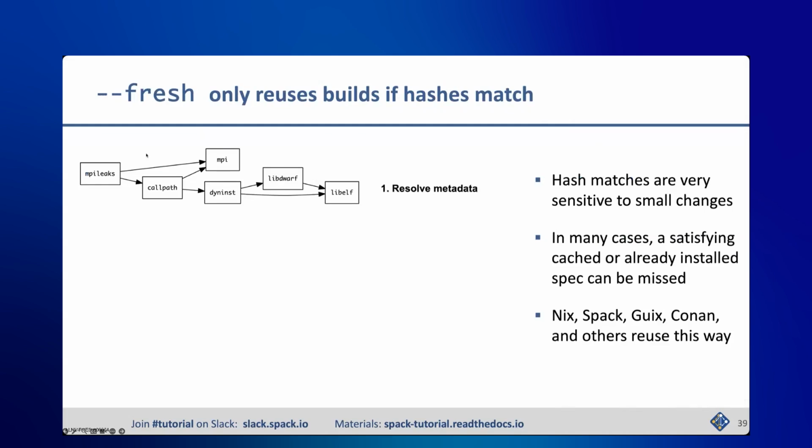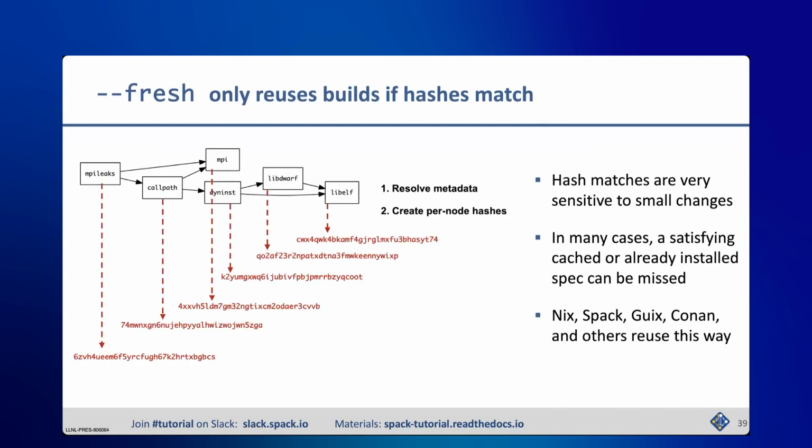It would take the concrete spec for the thing, and it would generate hashes for every node. And the way that we would do reuse before was we would say, okay, well, are any of these hashes installed? So for each one of them, we'd say, hey, is this there? And if the exact hash was not in the database, then we would say, oh, well, we have to rebuild that. The problem with this is that small changes to your package can cause the hash to change. And so we would get a lot more rebuilds than people probably wanted.